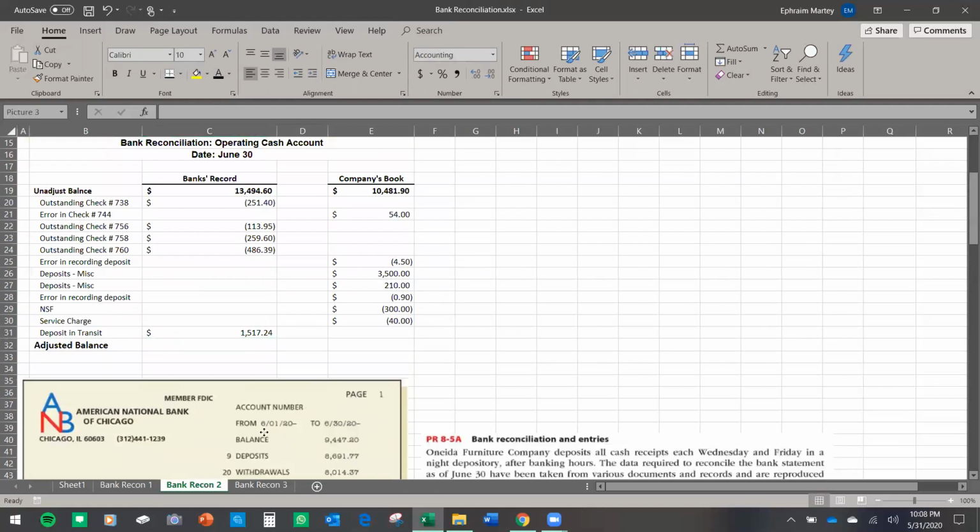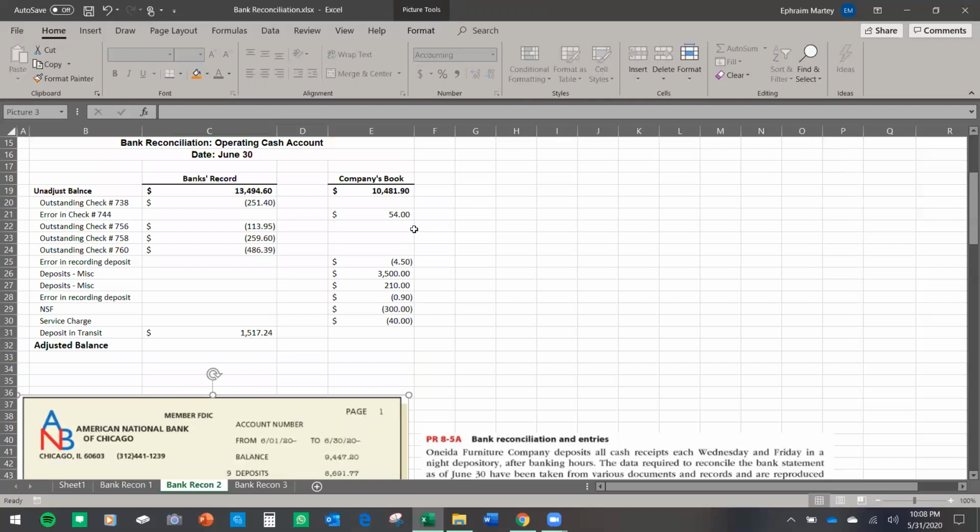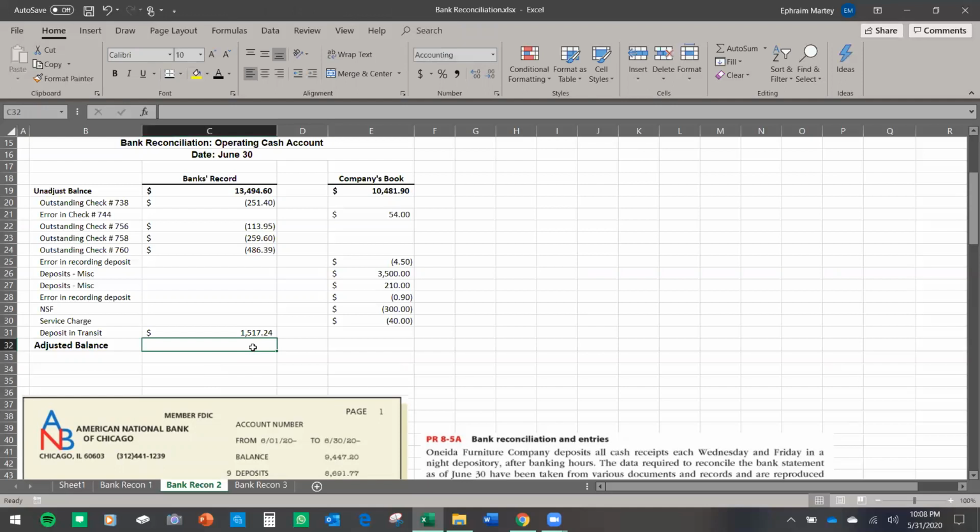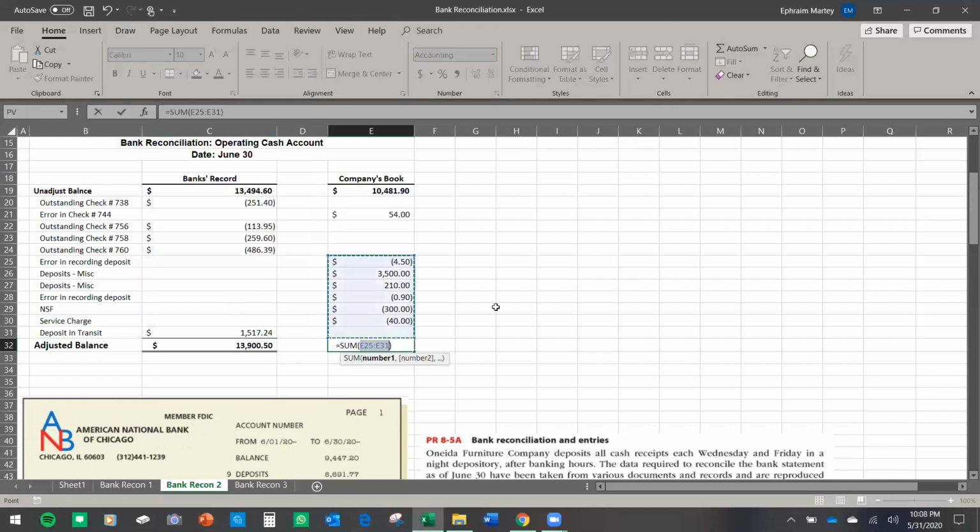Now that we're done with all these, we have to do what we call the adjusted balance. We add everything on the bank's record, and then we add everything on the company's record, and we have to have the same amount. They have to match. This is what we're going to do. I'm going to add everything here. So 13950. Make it bold so we will see nicely. And then we add everything.